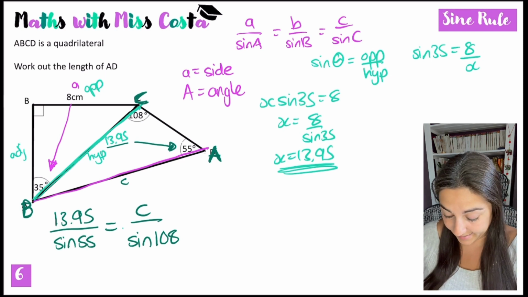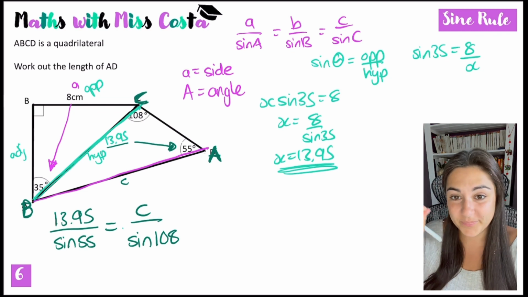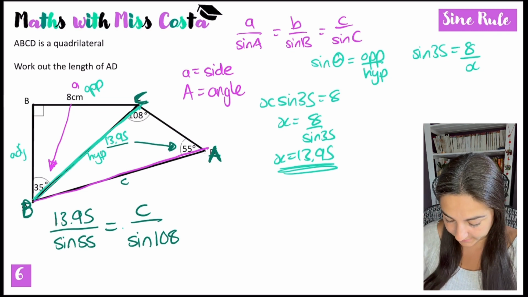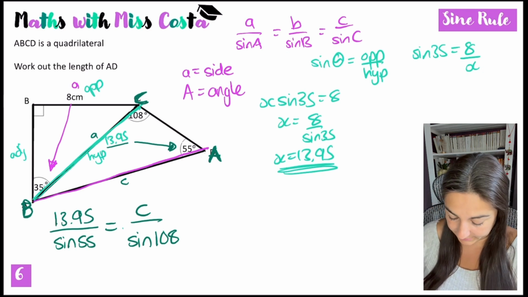What matters is that the little letter and the big letter are opposite each other. So this is little a, opposite big A, little c, opposite C.